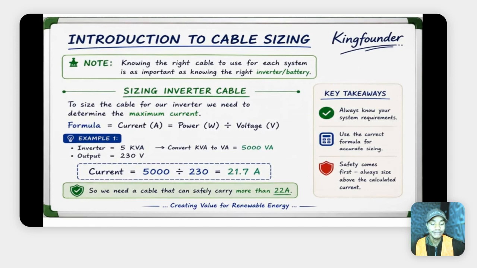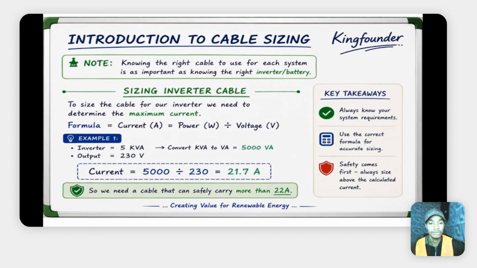So we need a cable that can safely carry more than 15.2 amps. So using this formula, you can determine any size of cable for any inverter. The key is to just know the inverter wattage and convert it into VA, then divide it by the output.